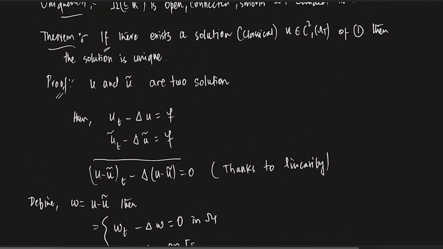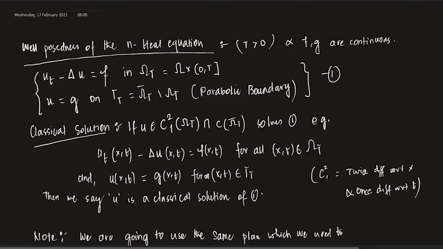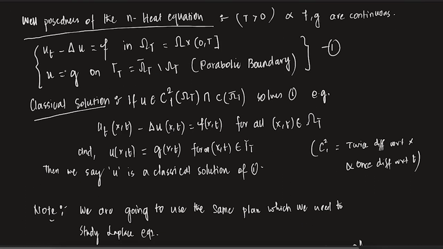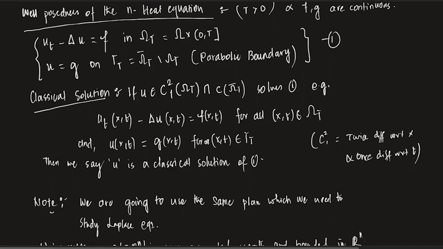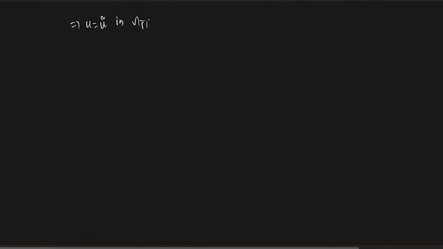We proved that if you have an equation which looks like this: u_t minus Laplacian u equals to f, u equals to g on the parabolic boundary. Then if omega is bounded, please remember this is for a bounded domain, then we can say that we can have a unique solution, if the solution exists at all. So with this, we are going to end this.